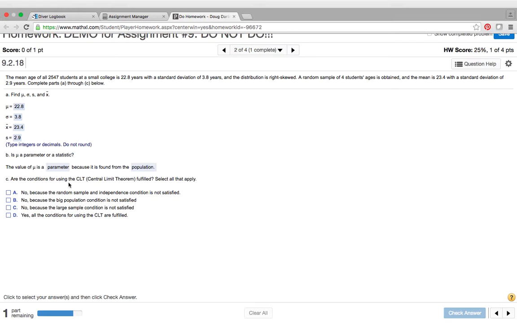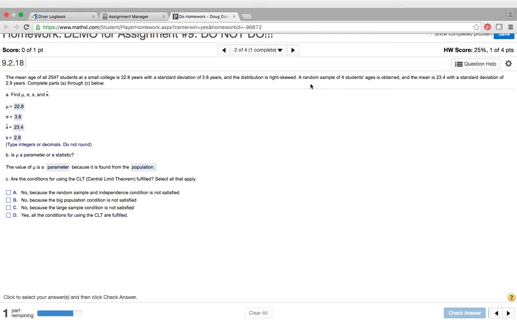Are the conditions for using the central limit theorem fulfilled? Well, guys, what we need for the central limit theorem is a sample size, depending on the textbook. Your textbook goes with 25. Most textbooks go with 30. So the conditions aren't met. Is it no, because the random sample independence is not satisfied?